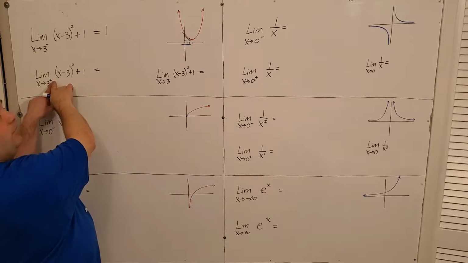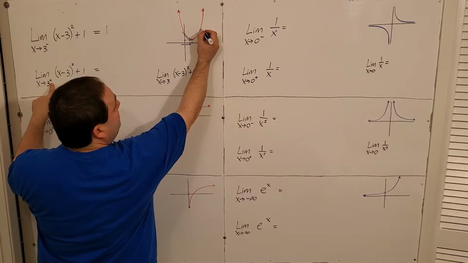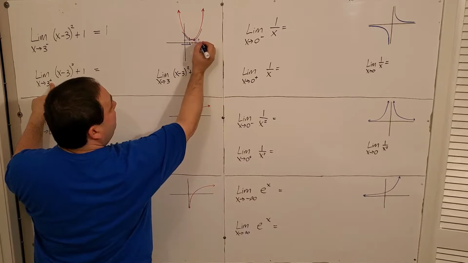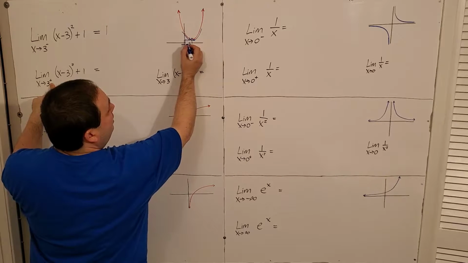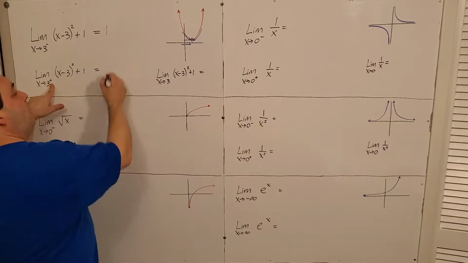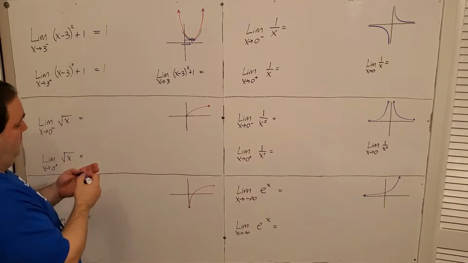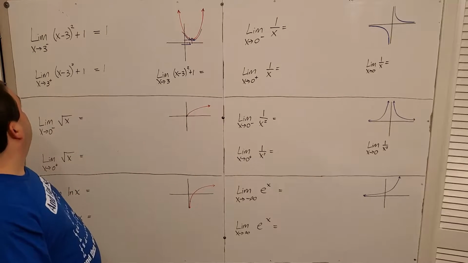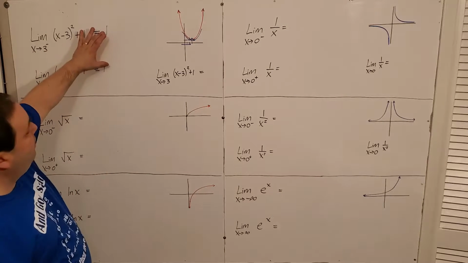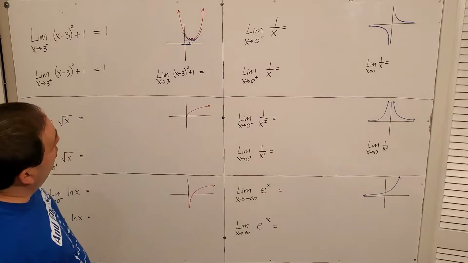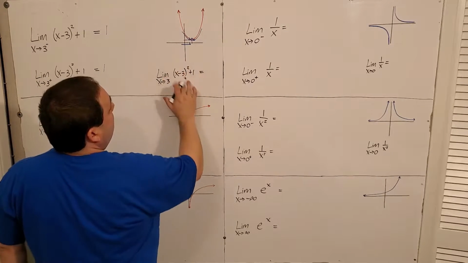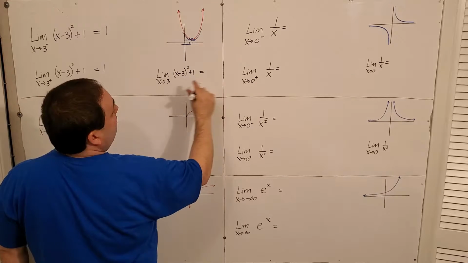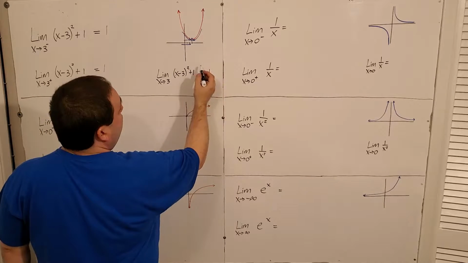Okay? From the right, that means I'm going to be following this piece of the graph, which gets me to this same center point, which again looks like it's hitting at the y value of 1. Okay? So since the left and right side patterns both equal 1, they agree at 1, I can then say the limit of x minus 3 all squared plus 1 is equal to 1.